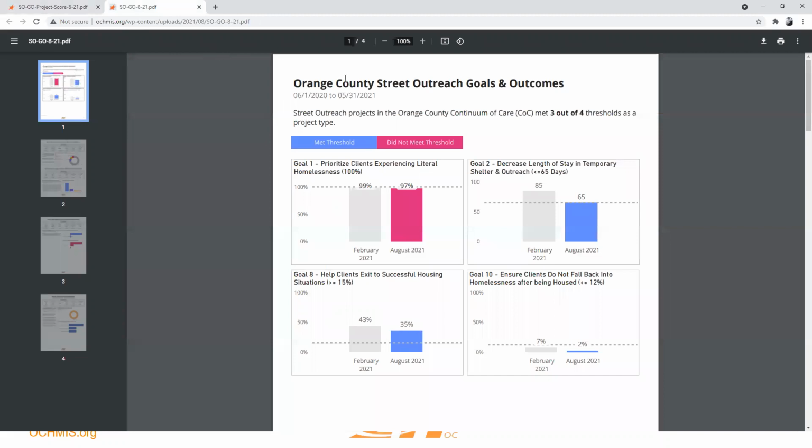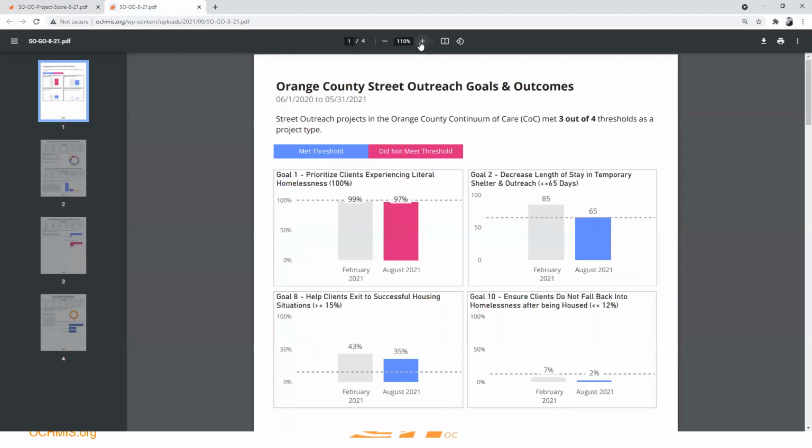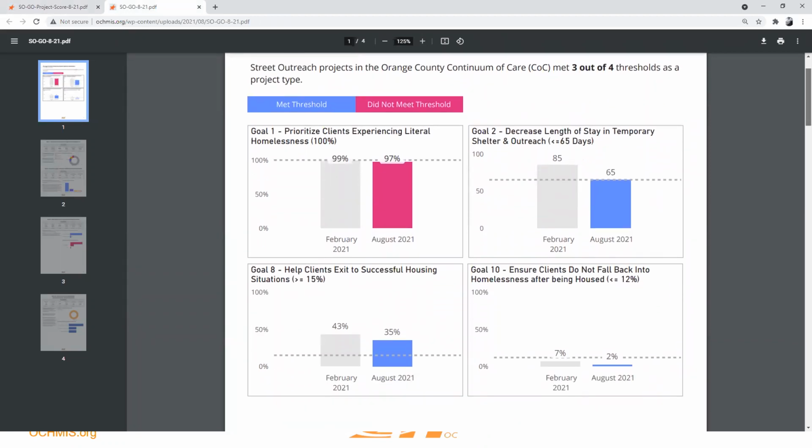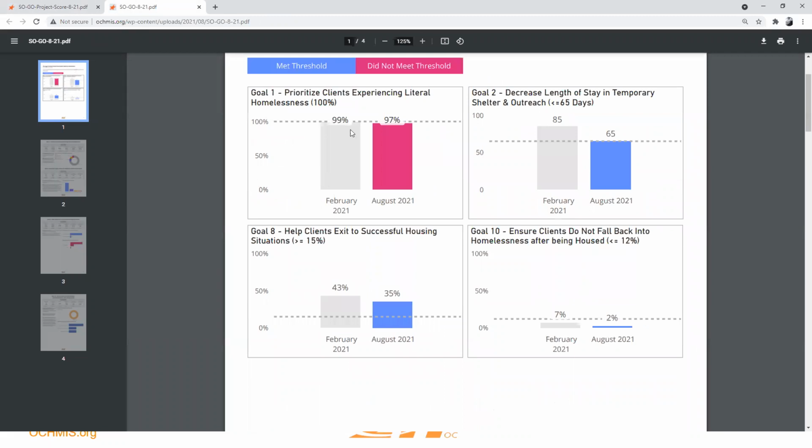And then the goals and outcomes report is looking at the performance of street outreach as a whole in our COC. The first page is looking at the 4 measures and how street outreach projects did overall. We're staying steady on our entries from literal homelessness.